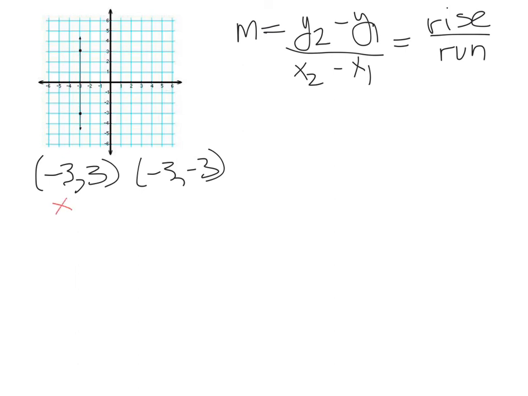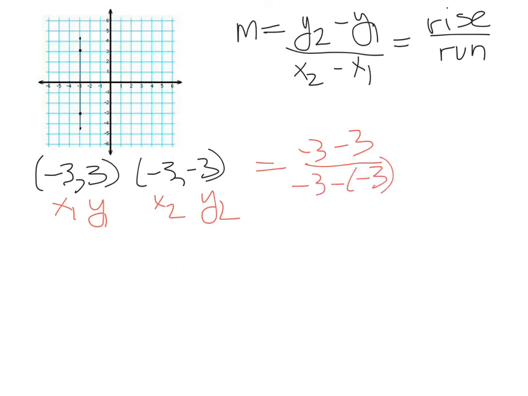I'm going to let this be x sub 1 and this be y sub 1. This will be x sub 2, y sub 2. Let's put it into the formula. -3 minus 3 over -3 minus -3. Subtracting a negative is the same thing as adding a positive.